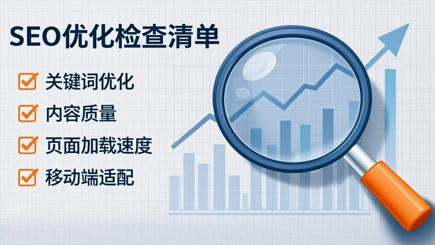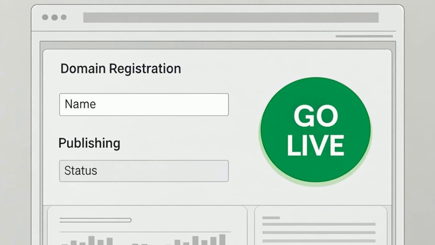Use heading tags properly with your target keywords. Compress your images for faster loading. Make sure your site is mobile responsive, which AI builders handle automatically. Connect Google Analytics and Search Console to track your performance. This takes maybe 5 extra minutes, but makes a huge difference in visibility.